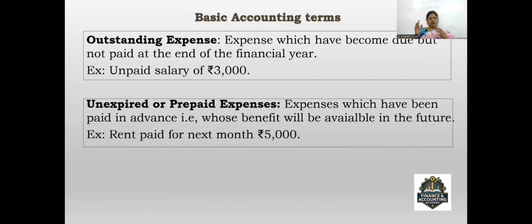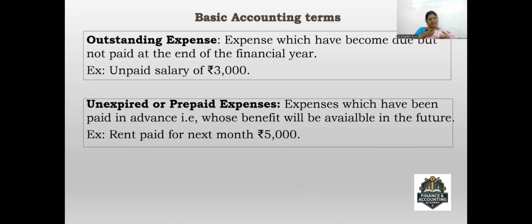So we are not taking it in the month of March in our financial accounts. So how are you writing it? We are writing it as outstanding expenses. That means the unpaid salary is how much? 3,000. It means expenses which have become due but not paid at the end of the financial year. That is called what?